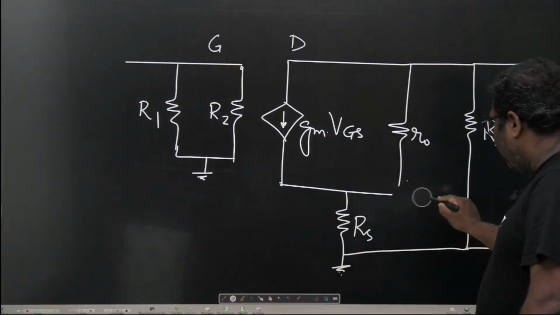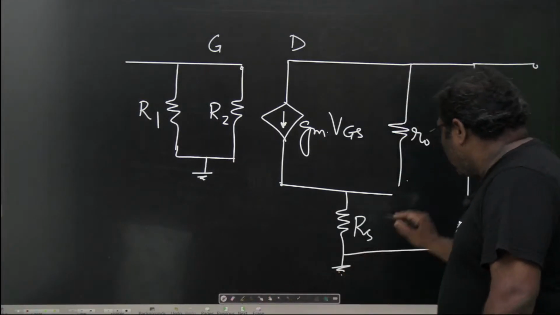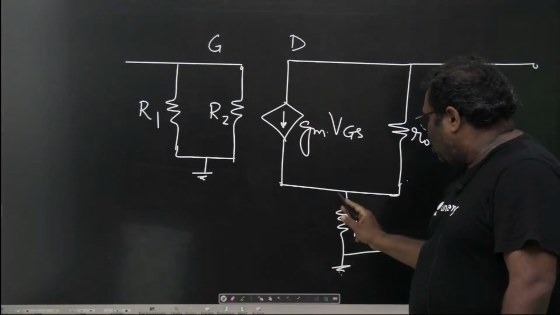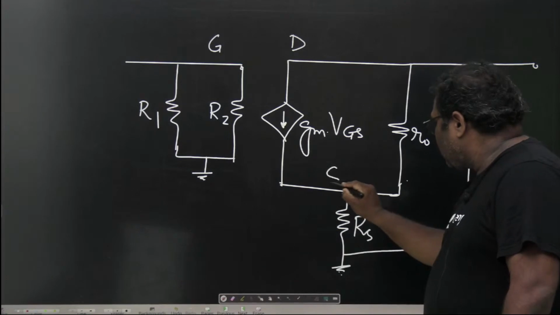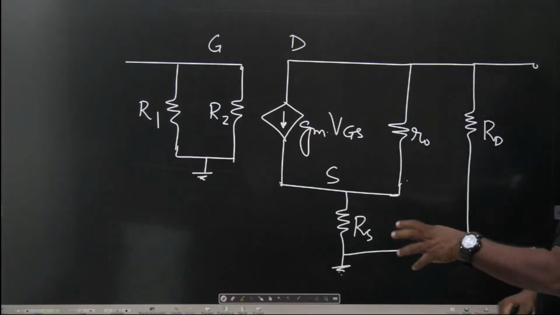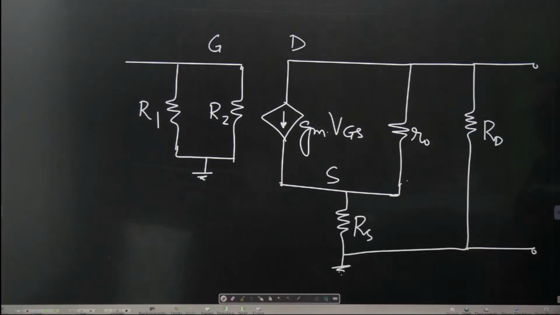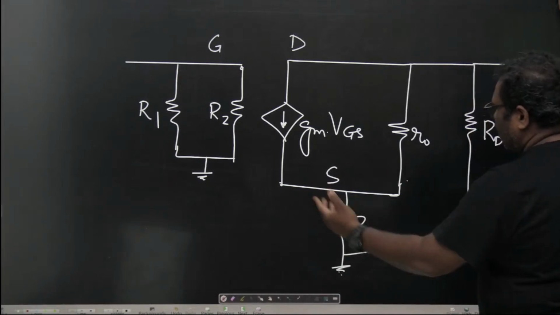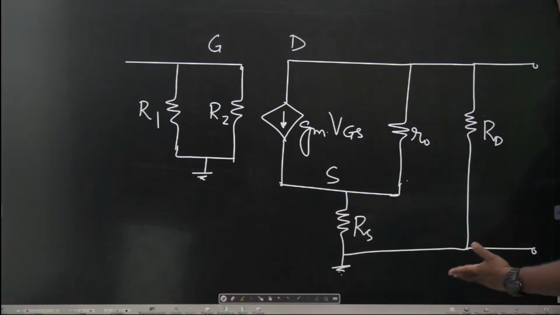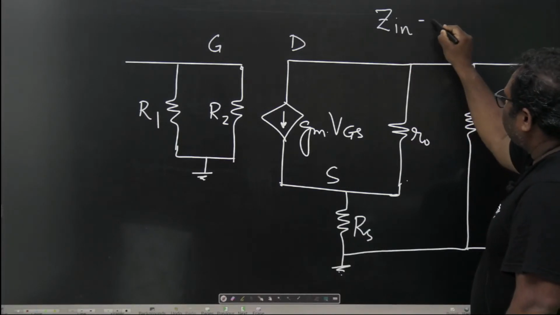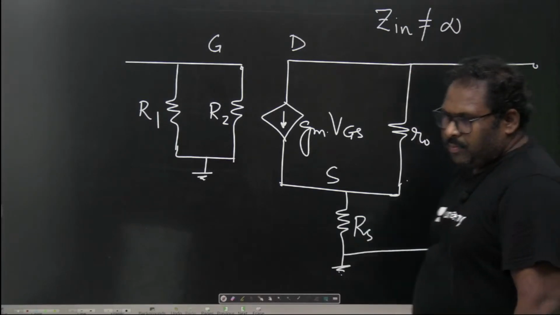So ideally speaking, your FET is as simple as this: gate, drain and source with an open circuit here, but practically with the biasing resistors, taking into account R1, R2, this is how things are changed. So that's very clear, students, that your input impedance is not infinity now.